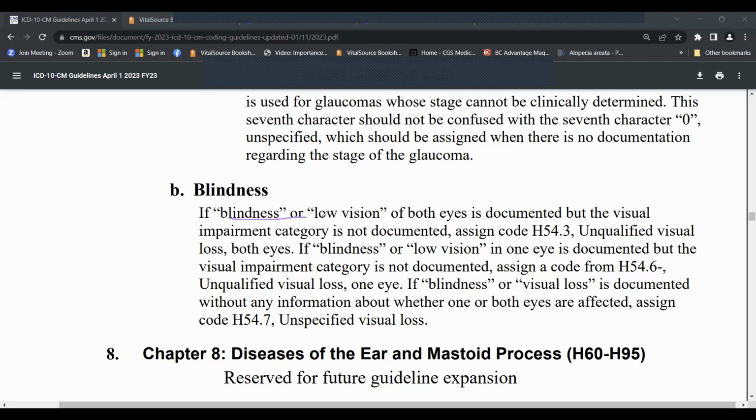This is both eyes. This is one eye. And this is, you don't know which eye, right? So when you break your guidelines down like that, it can help you to understand it a little more. You can go and look at H54.3, .6, and .7 to make it stand out even more to you.